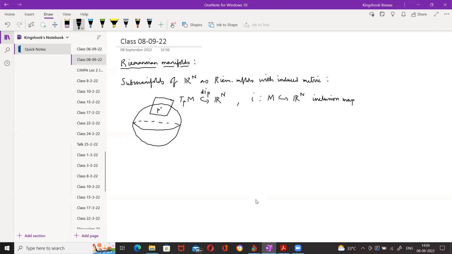So you can restrict the Euclidean inner product on Rn to the tangent space TPM.